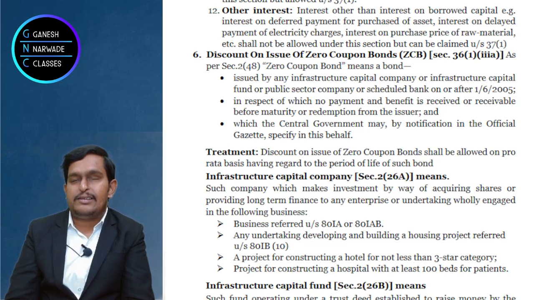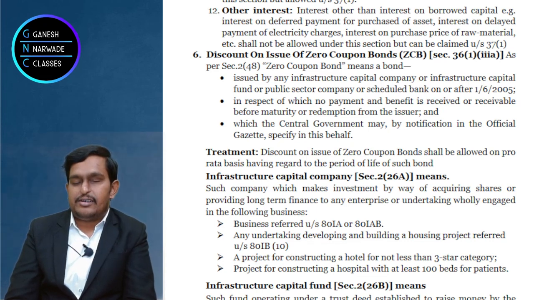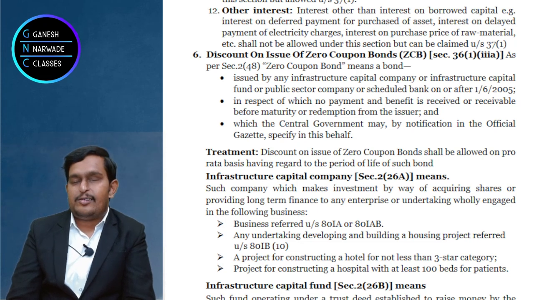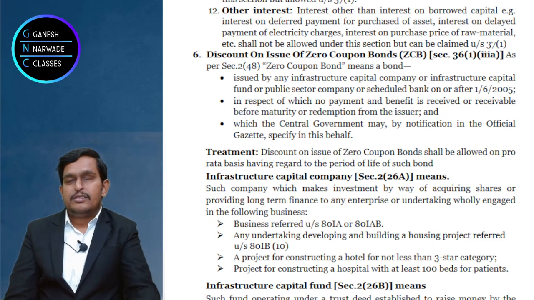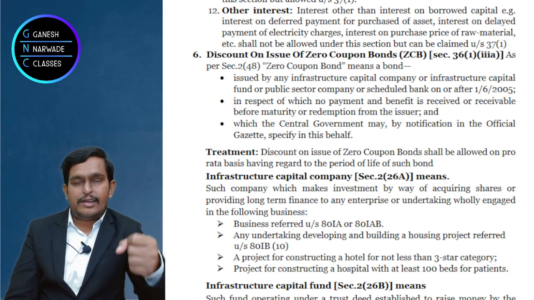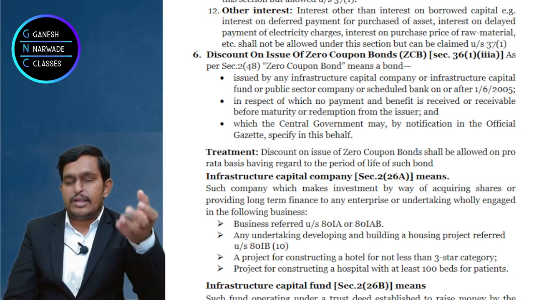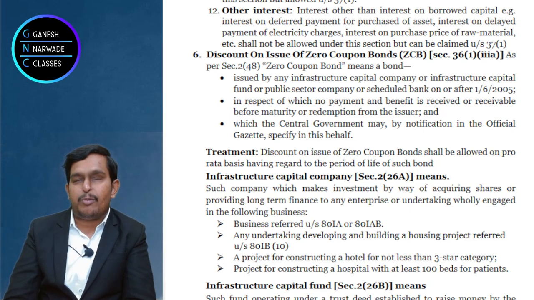Now the point comes, okay, but if they pay at the end, they should claim the deduction also, right? Suppose for example, NTPC, National Thermal Power Corporation, a public sector undertaking, issued a zero coupon bond, suppose for 5 years.